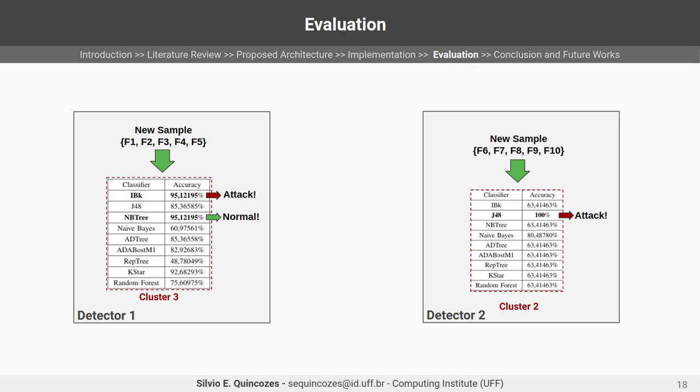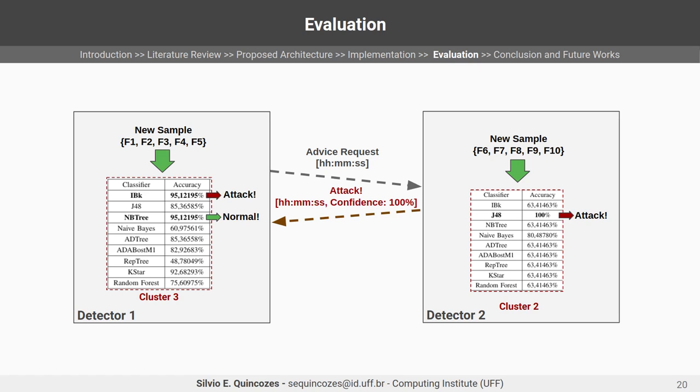In this case, detector number 1 will ask for advice from detector number 2, which clustered and chose the J48 classifier as its best classifier, and this classifier output an attack tag for this specific sample, enabling detector 2 to respond to the advice request with an attack flag.